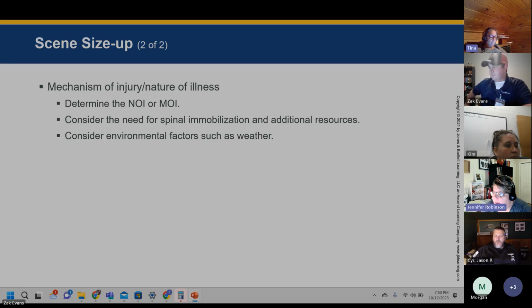Hypothermia, because it starts with an S, H, O: shunting, shock. We're worried about shock, so we want to keep them warm. People can get hypothermic even in temperatures as high as 70 degrees, especially if they have blood loss. Just because it seems comfortable outside doesn't mean your patient can't get hypothermic.